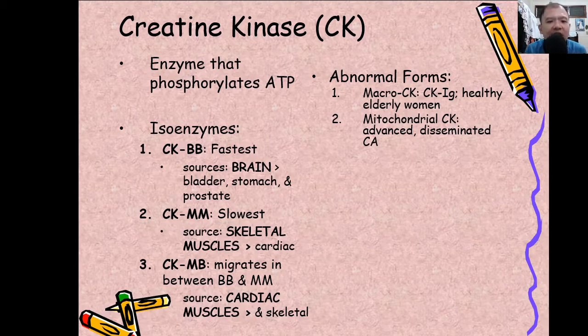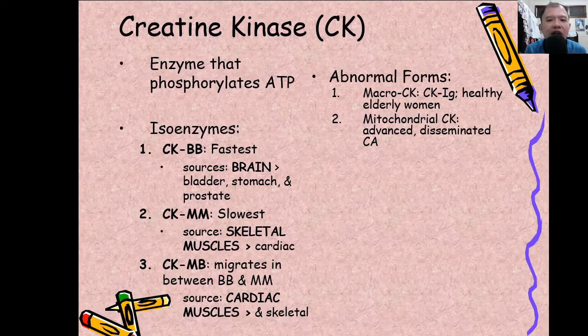Next is CKMM, which is produced mainly by the skeletal muscles and a minority by cardiac muscles, which is the slowest. Next is CKMB, which is produced in the majority by the cardiac muscles. Abnormal forms of CK exist, however.